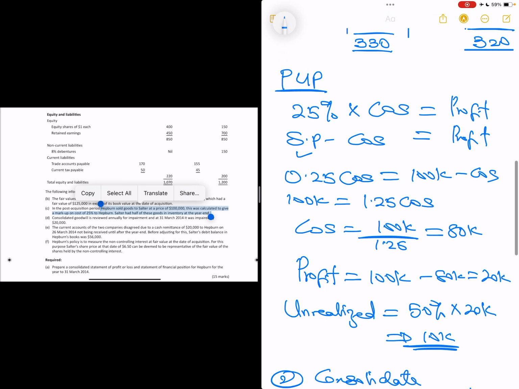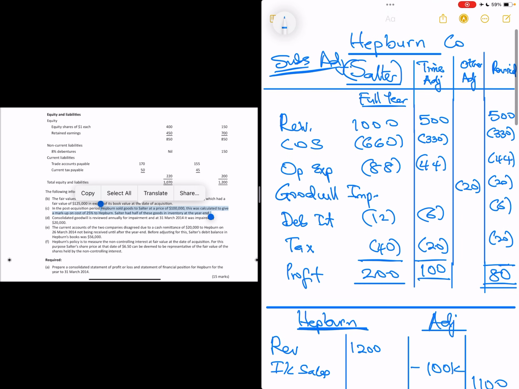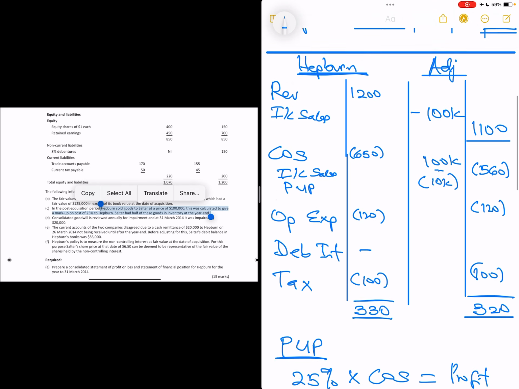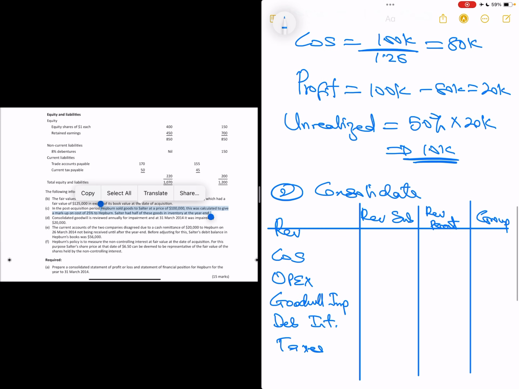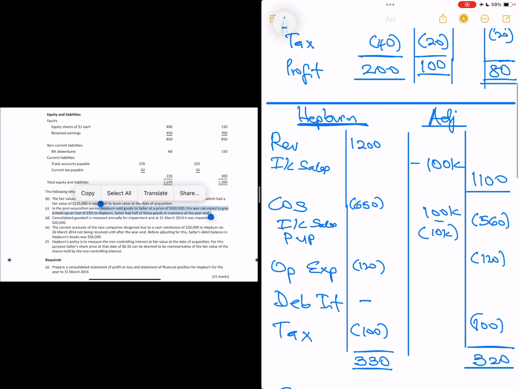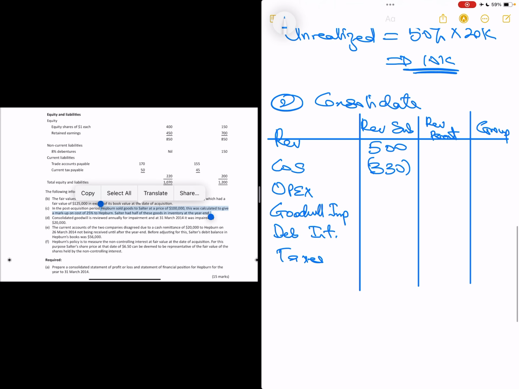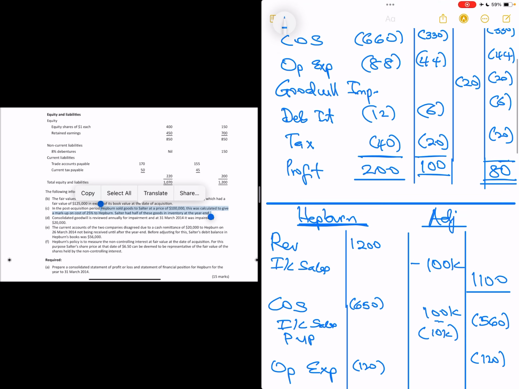So for subsidiary, the revenue is 500. I bring it down, that's a revised subsidiary. It's 500. The cost of sale is 330. Then we have 44, 26.